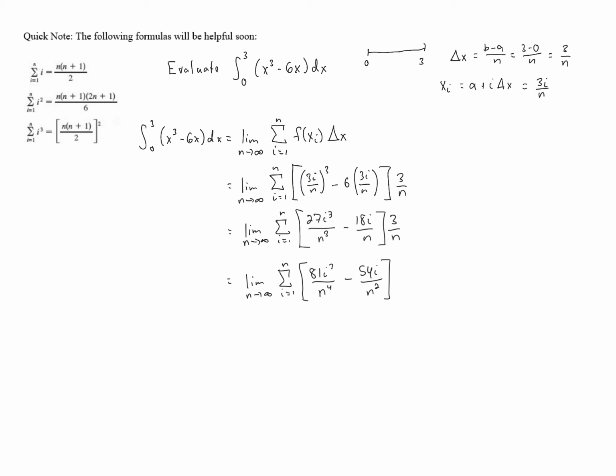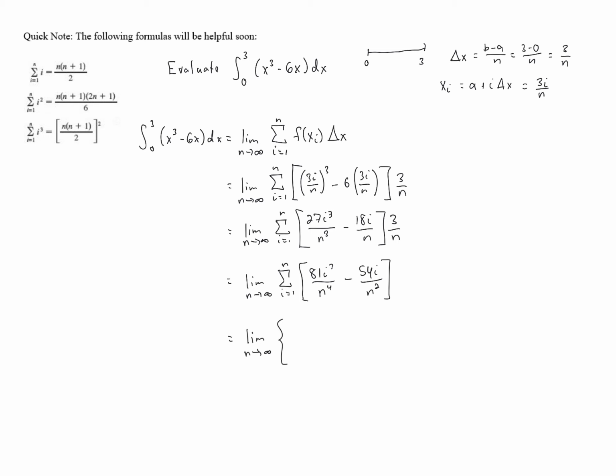Good. And what I'm going to do next, we've got this limit of this sum, and there are these two different terms that we're taking the sum of. I'm actually going to split it up. So I'm going to take the sum of this minus the sum of that, just so that we can look at each of those individually. So we still have the limit as n approaches infinity.